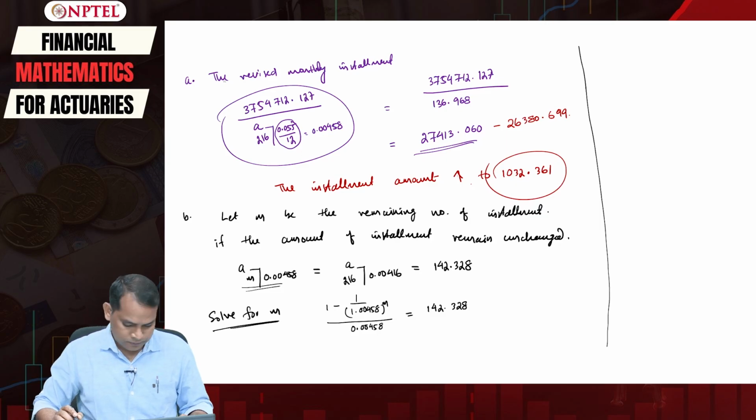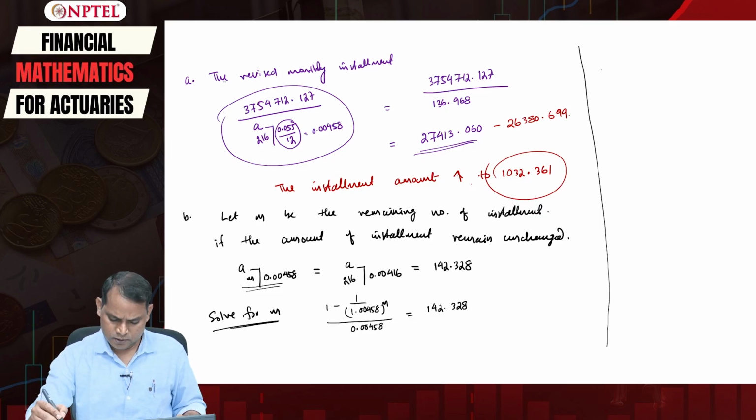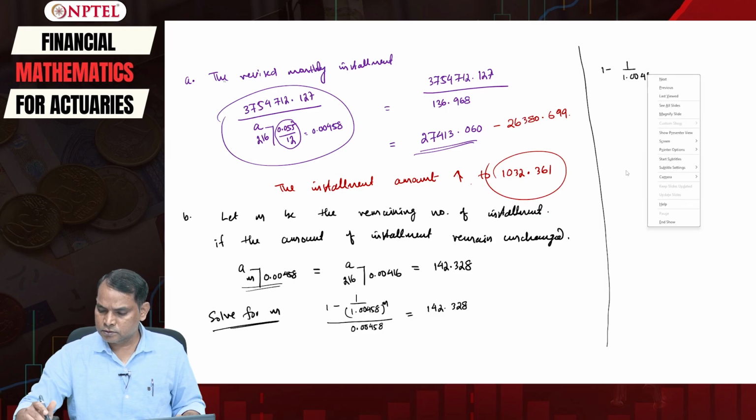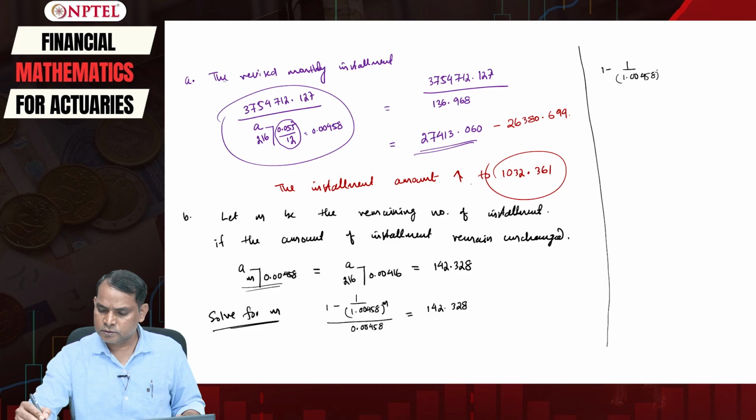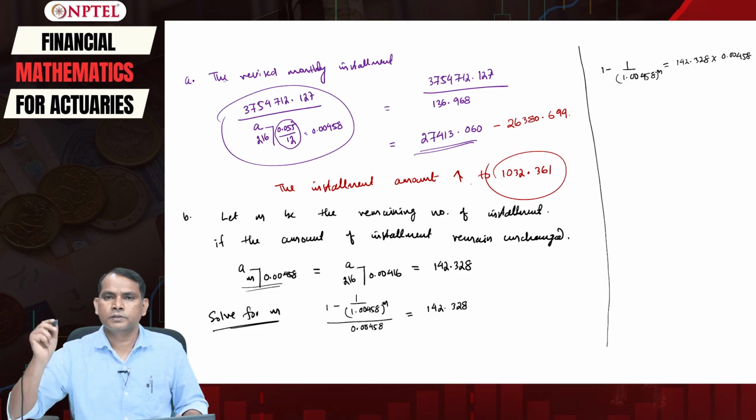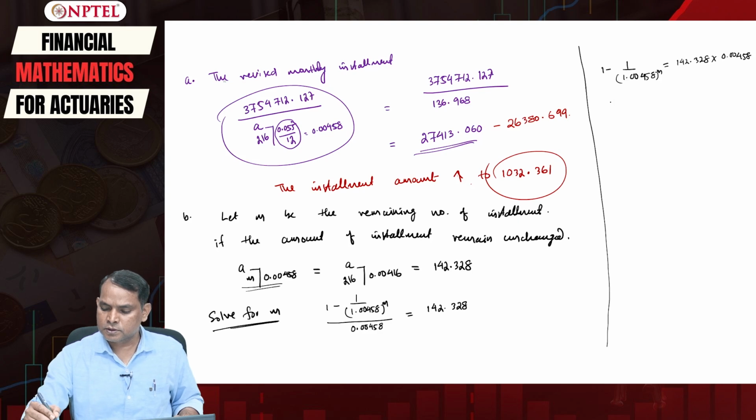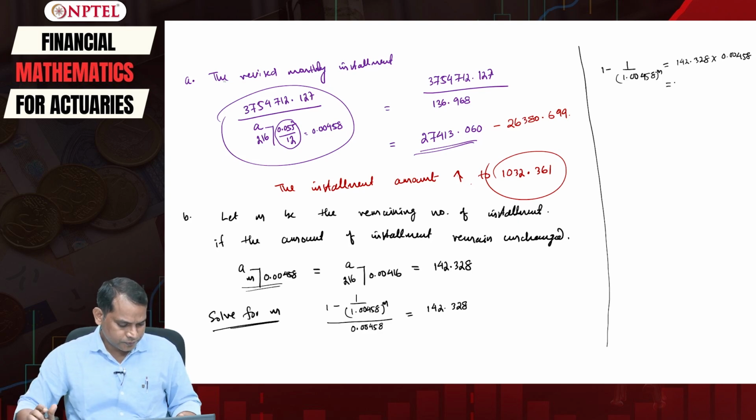Now this can be written as 1 minus 1 upon 1.00458 to the power M is equal to 142.328 multiplied by 0.00458, right.